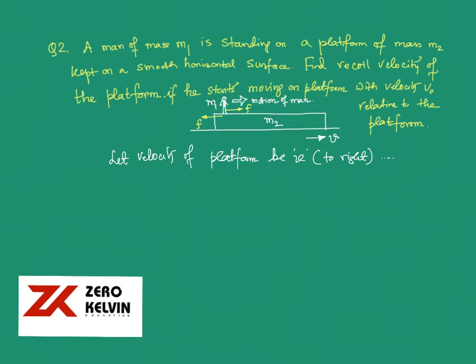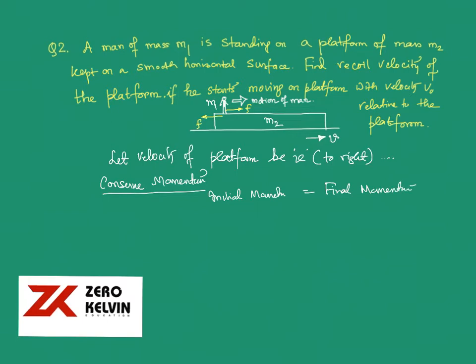Now, as there is no external force along the horizontal, conserve momentum. So initial momentum is equal to final momentum.